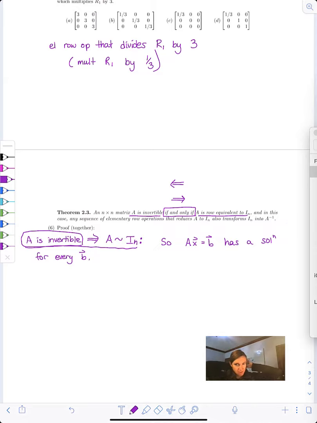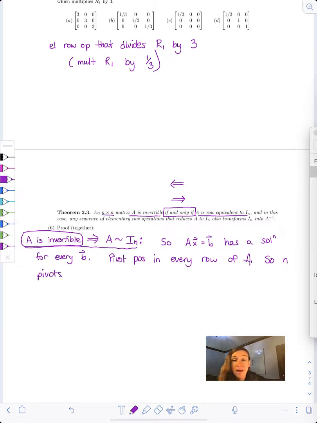We've seen how to do that in the past. But remember, if we have a solution for every B, then there's a pivot position in every row of A. So that means there must be n pivots, since A is an n by n matrix.